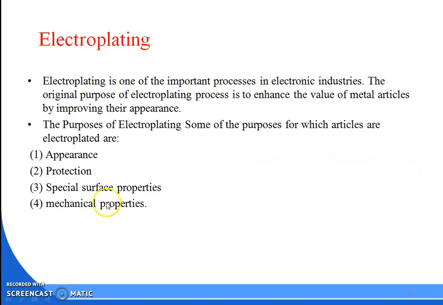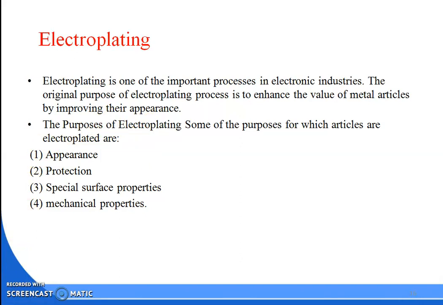Then what is electroplating? As previously we have discussed its definition, now we will discuss its purposes. Electroplating is one of the important processes in electronic industries. The original purpose of electroplating process is to enhance the value of metal articles by improving their appearance.